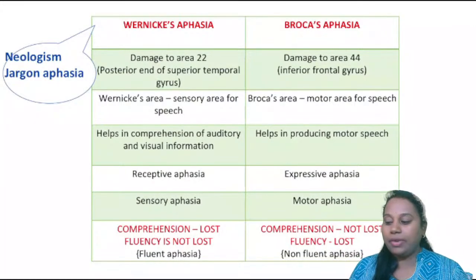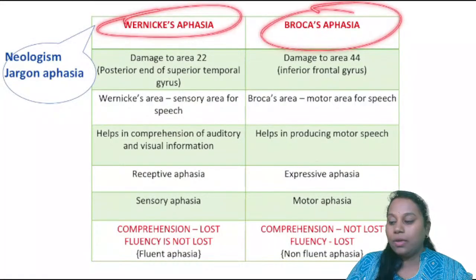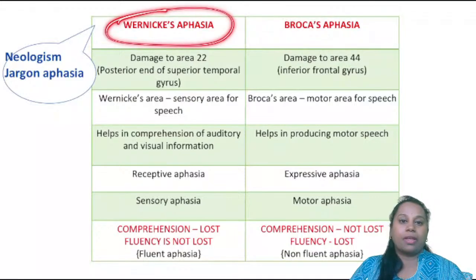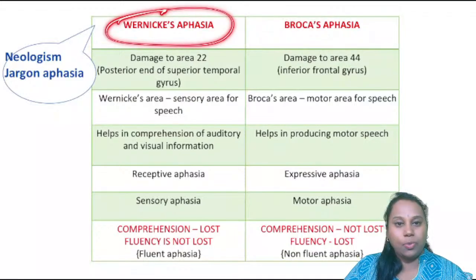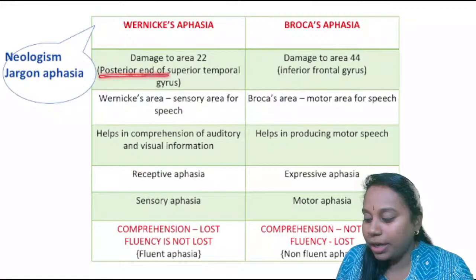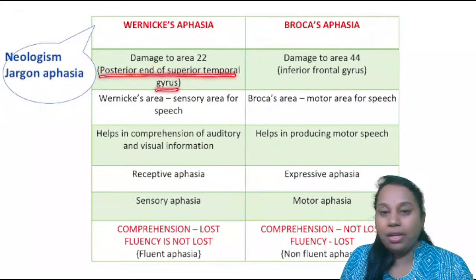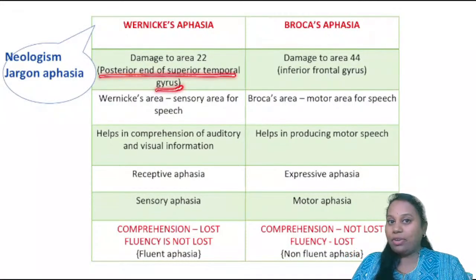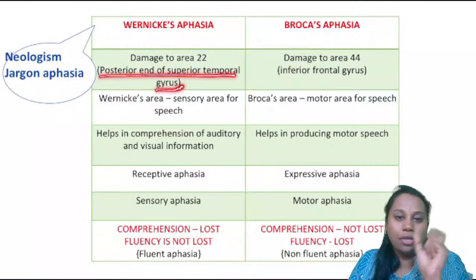The differences between Wernicke's aphasia and Broca's aphasia. Wernicke's area, area number 22. Any damage to Wernicke's area, Brodmann's number 22, results in Wernicke's aphasia. What is the location of Wernicke's area? The posterior end of the superior temporal gyrus, so it's on the temporal lobe.